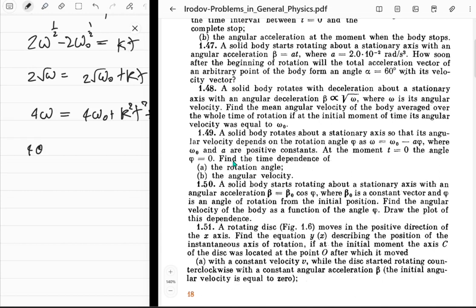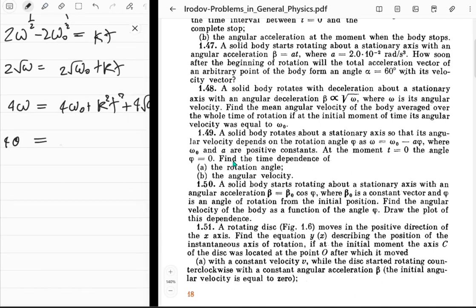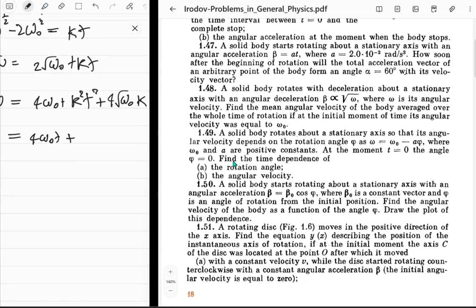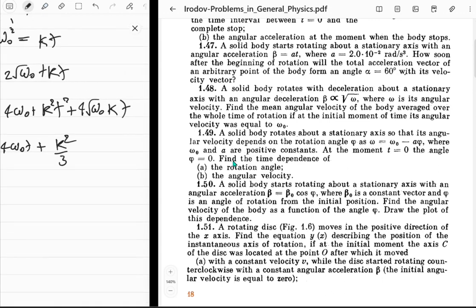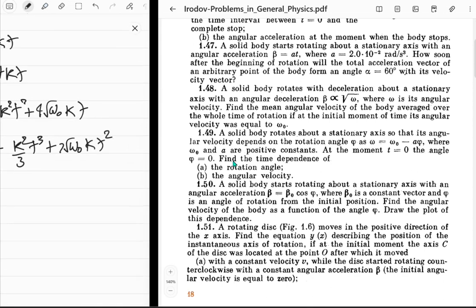So 4 theta is equal to 4 omega naught t plus k squared upon 3 t cubed plus 2 square root of omega naught k t squared. Now what we want is this thing upon t.